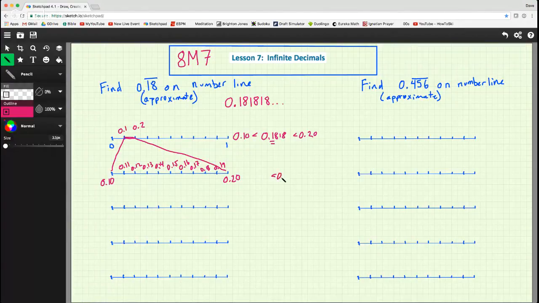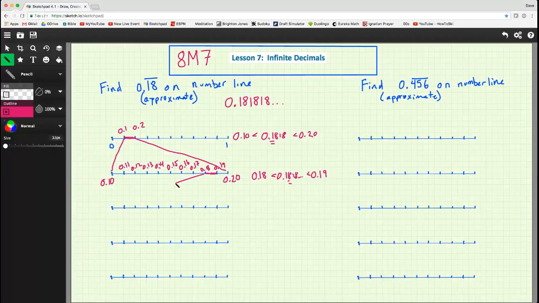So what is between 0.18, 18, dot, dot, dot? Well, that's between 0.18, because we're looking at this digit. It's almost like we just copy this digit down, and then we go one more over here. So it's in between 0.18 and 0.19 because we have to find which bar this is between.